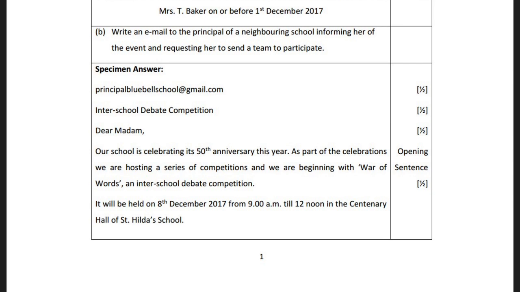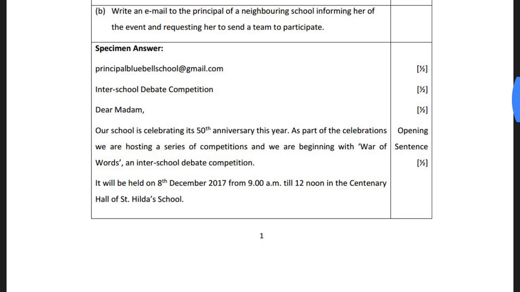We don't do central alignment, because to press the shift bar and then space bar and make the cursor come to the center will take up a lot of time in practice in real life when you are actually typing an email. So the same method is followed while writing the email also. So first of all, the email address of the person to whom you are sending this. So what was the question?